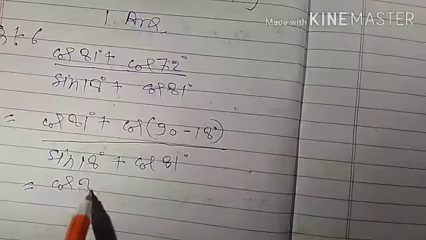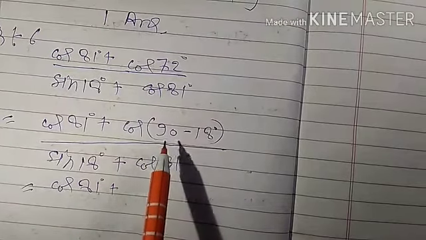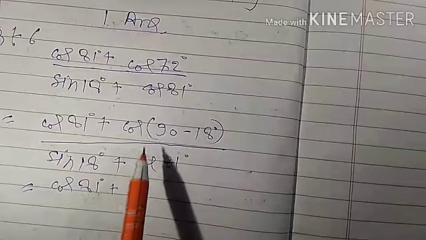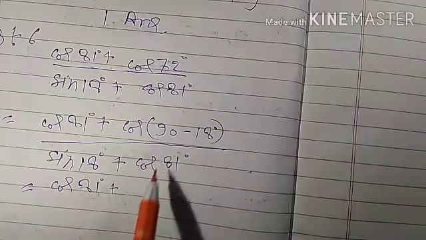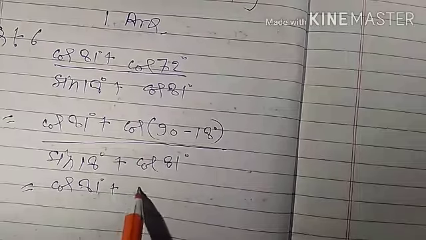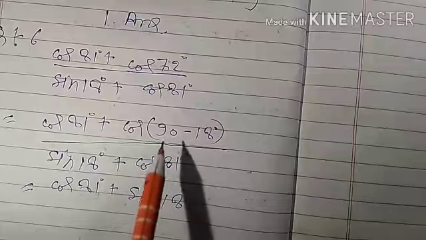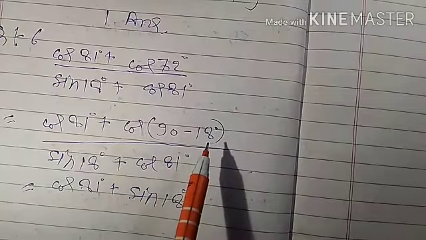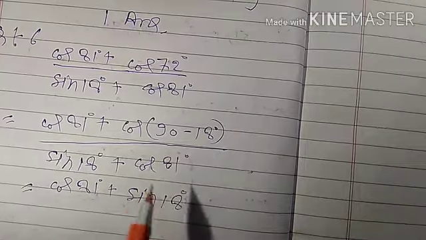So we can write cos 81° + cos(90 − θ). For 90 − θ the functions are changed, so cos changes to sin, sin 18°, and 90 − 18° is in the first quadrant where all functions are positive.